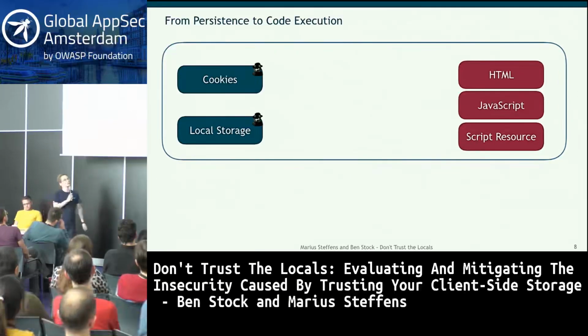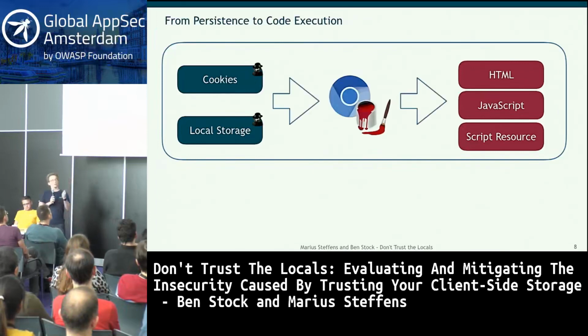But contrary to what was shown before, we're doing this dynamically. So we're building upon research that Ben actually has done during his PhD, where we built a patched Chromium such that it has taint tracking in it, such that we can really have byte-level taint tracking of these values, which originate from these different client-side stores and end up in the code-executing sinks.